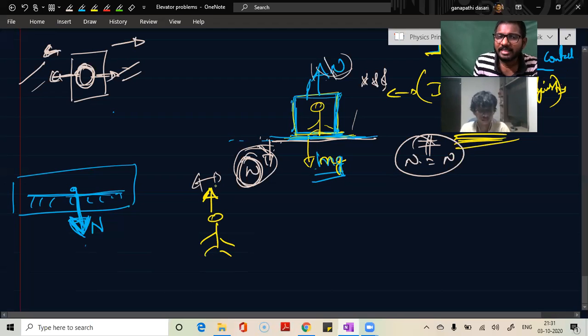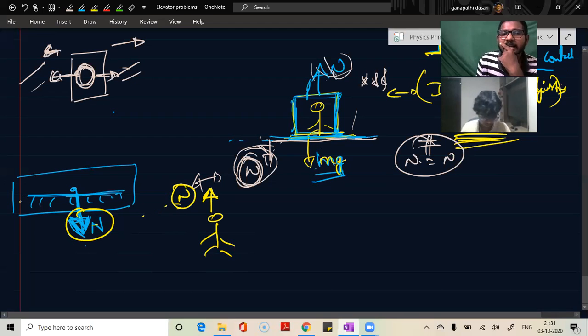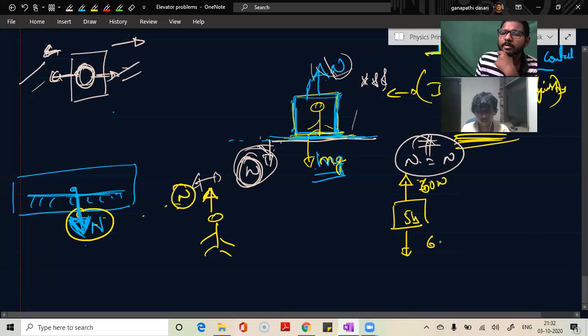This normal and this normal are acting on two different bodies. You got it? Two different bodies. If they were acting on the same body, then we could say they cancel. Like this 5 kg block: suppose 60 newtons is acting here, and another 20 newtons is acting there.